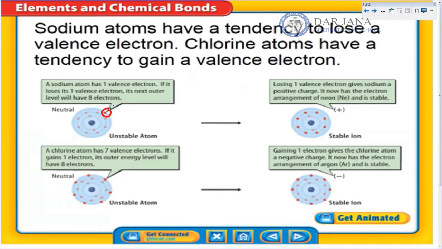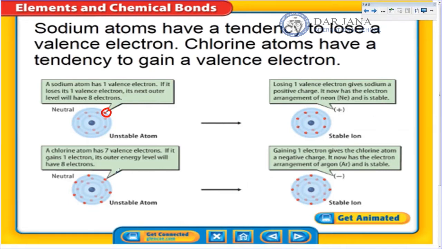The electron found at the highest level, we call it valence electron. So, when a sodium atom loses its valence electron, it becomes a positive ion with a charge of +1 because it loses only one electron.